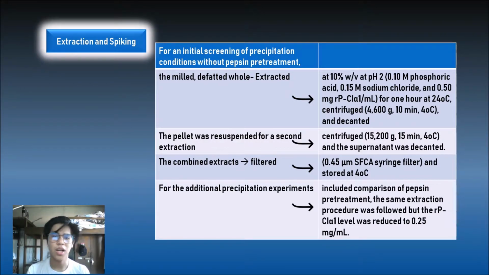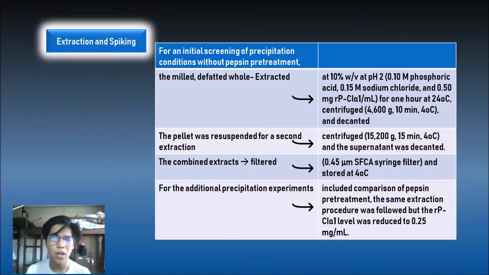For the extraction and spiking, for the initial screening of precipitation conditions without pepsin treatment, the milled defatted whole corn was extracted at 10% weight by volume at pH 2, with 0.1 molar phosphoric acid, 0.15 molar sodium chloride, and 0.5 milligrams of rhC1 alpha 1 per ml, for 1 hour at 24 degrees Celsius, centrifuged, and decanted.